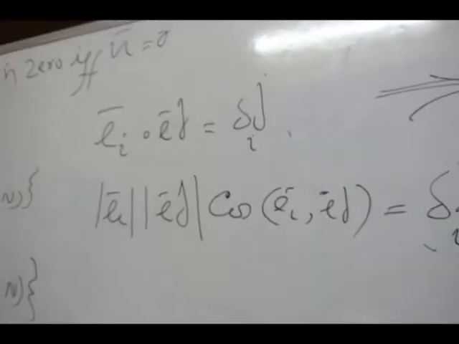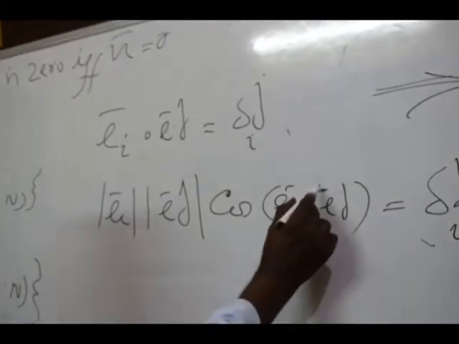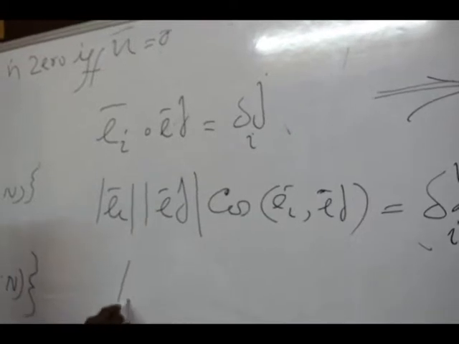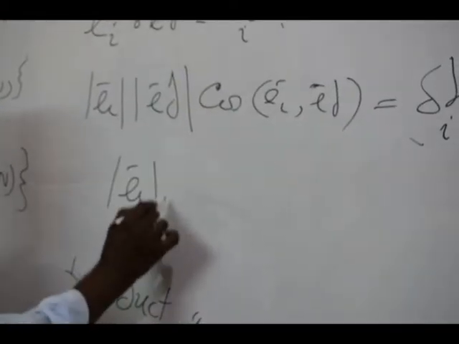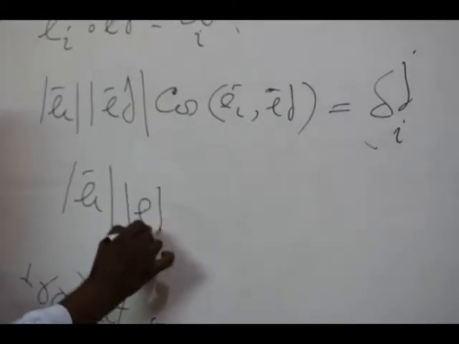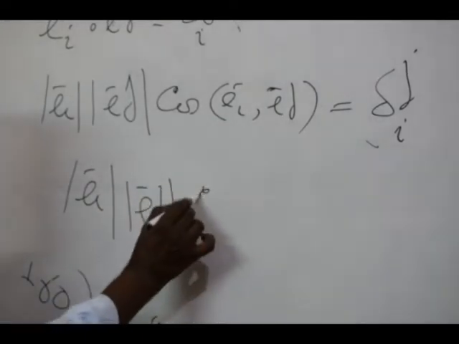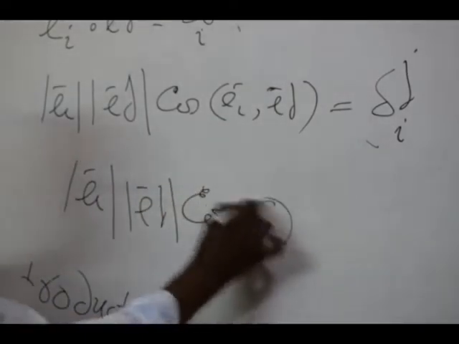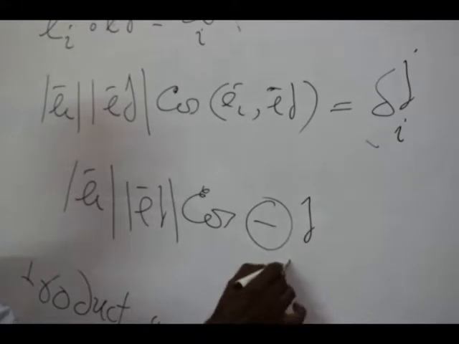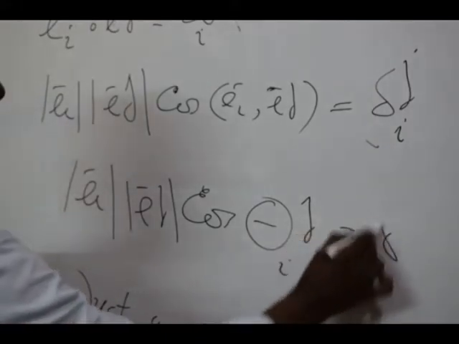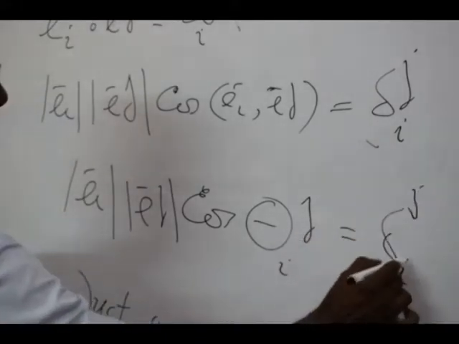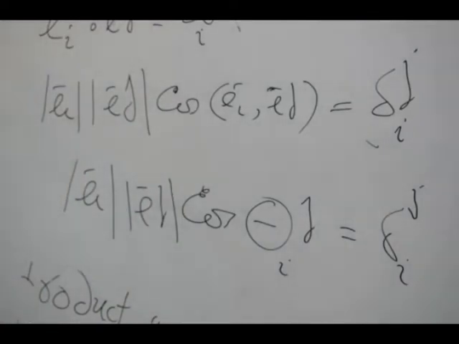I write this as mod EI mod EJ cos theta Ji, equal to delta Ji, where theta Ji is the angle between EI and EJ.